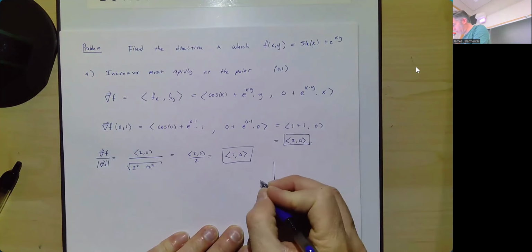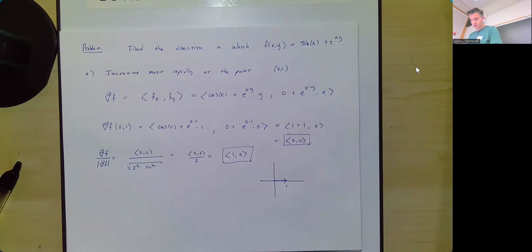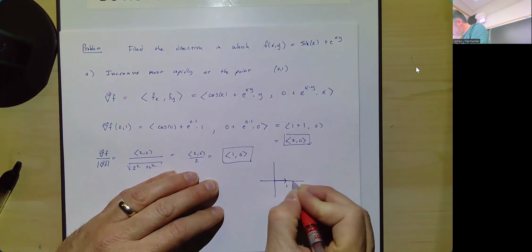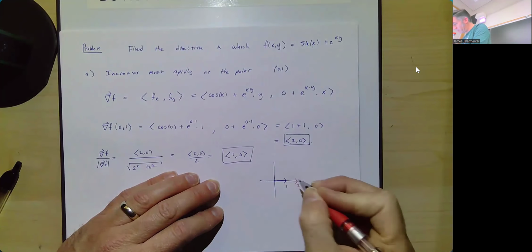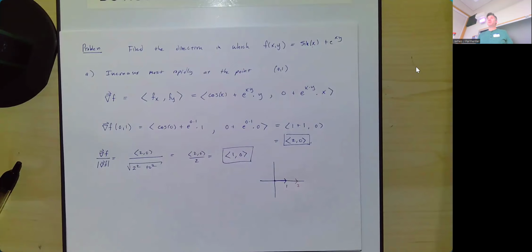The vector 1, 0 is right there, and the vector 2, 0 is right here. They both point in the same direction. They both emanate from the origin. One is twice as long as the other, but they are still giving you the same direction. I would ask for clarity, right? I would ask him if he expects you to normalize or unitize any direction vectors or not.